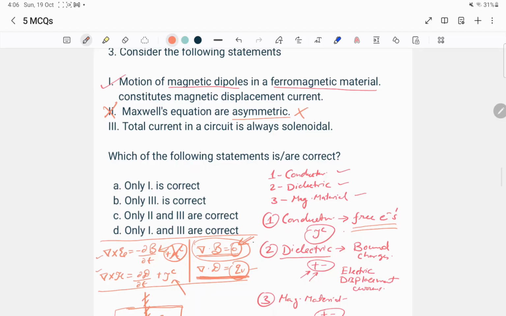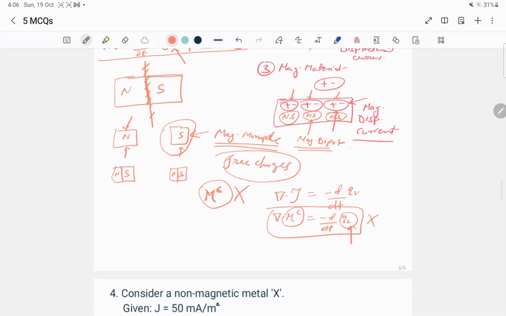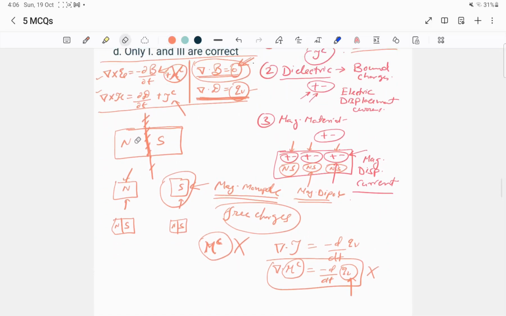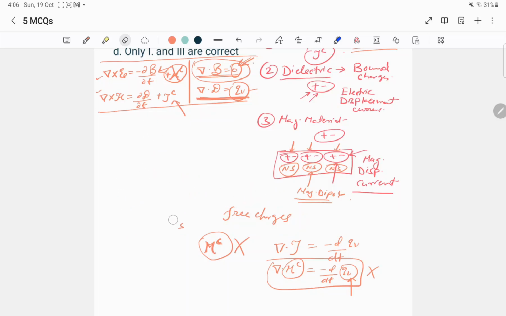Now what is statement number 3 saying? Statement number 3 says total current in a circuit is always solenoidal. Okay, let me rub all this so that I get some space.